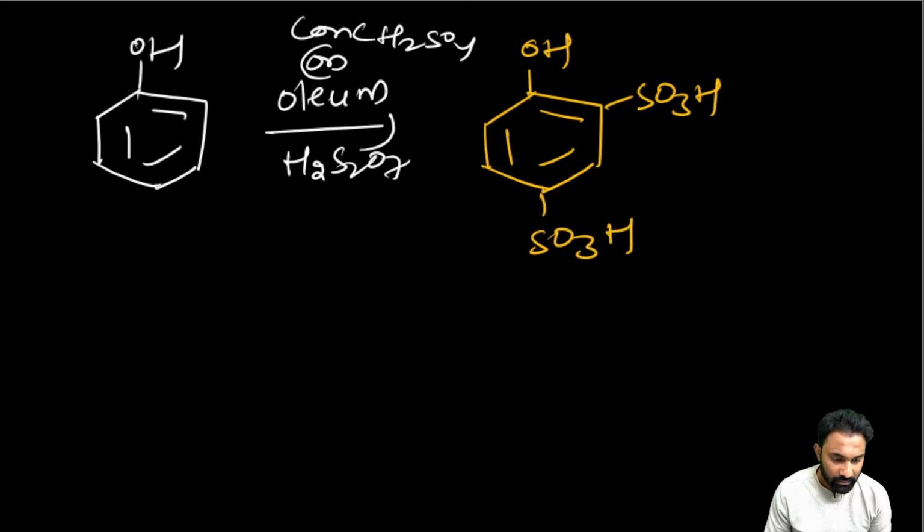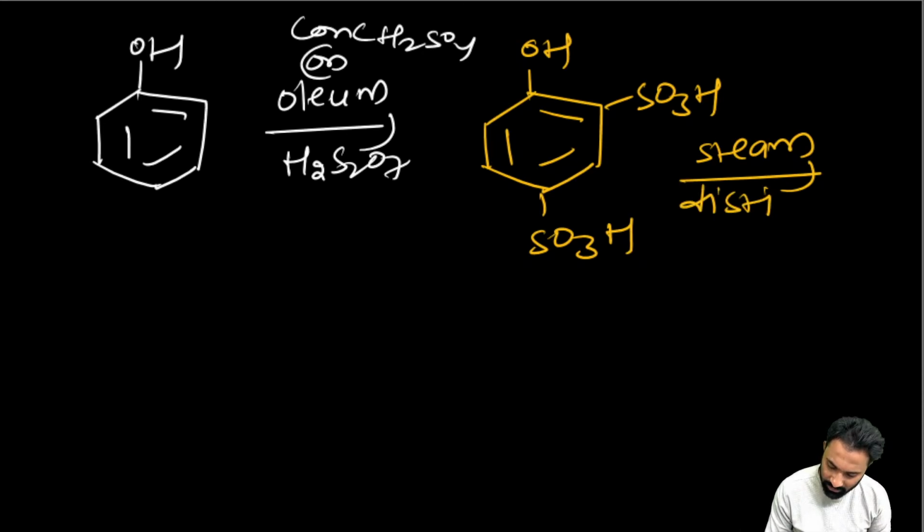Clear? Then the disulfonic acid which has been generated is separated by steam distillation. We are giving the heat, right? After the steam distillation, what will happen? We are taking the concentrated HNO3.